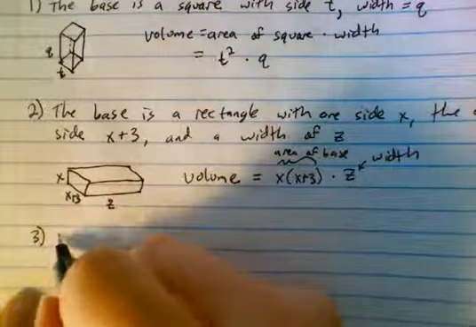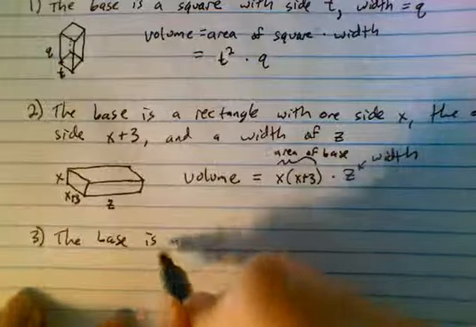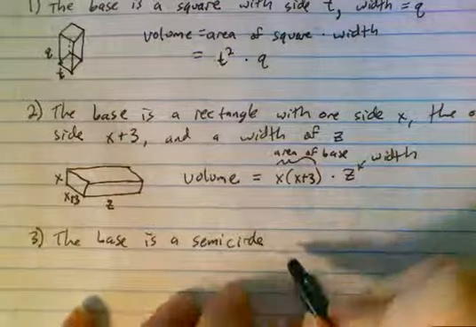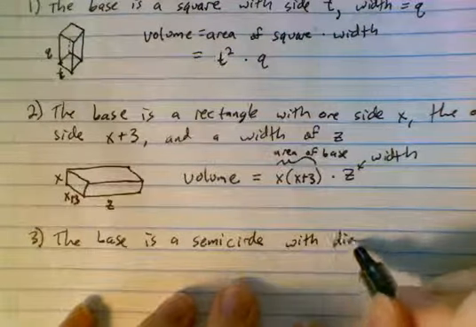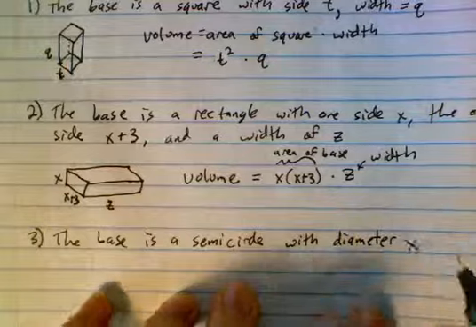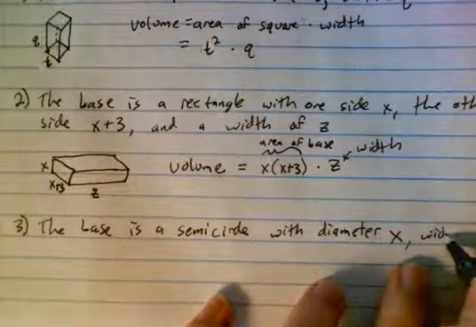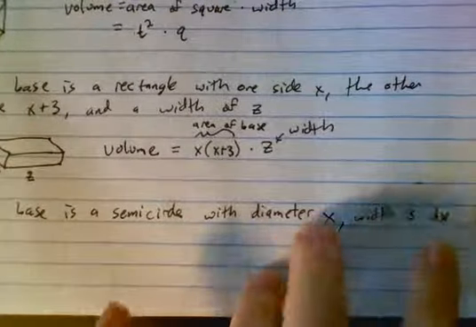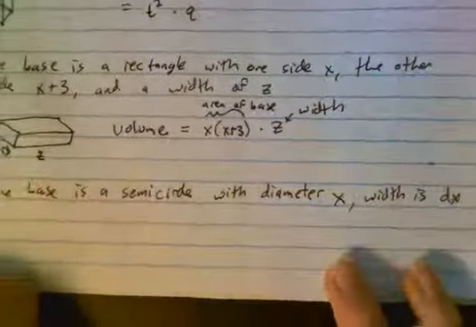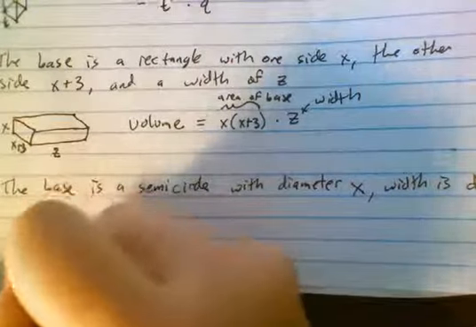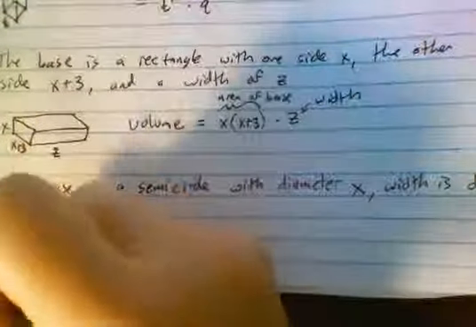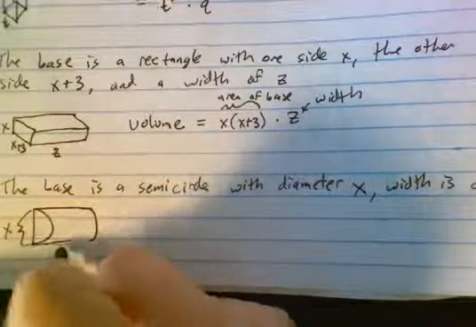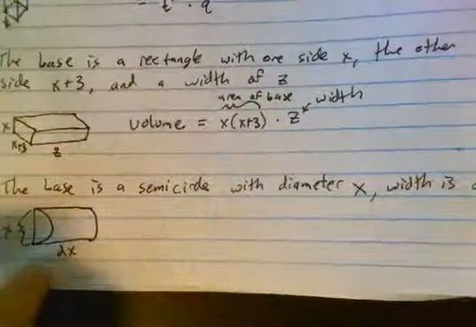Same idea if the base is a semicircle with a diameter x, and the width is dx. You might get a sense looking at this of where we're going with this. So I'm going to draw my semicircle. This diameter here is x, and then I'm going to draw a little prism. This width here is dx.